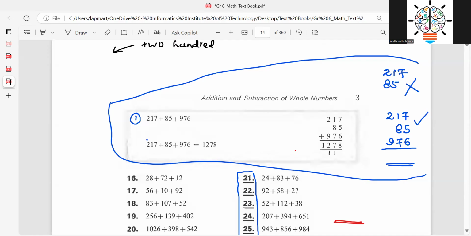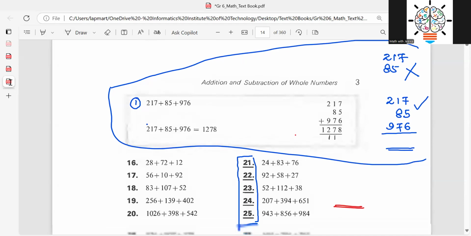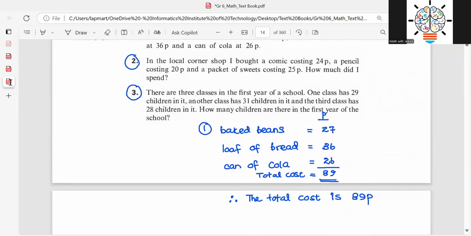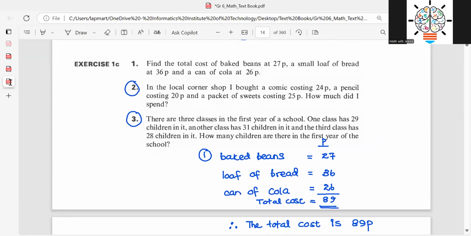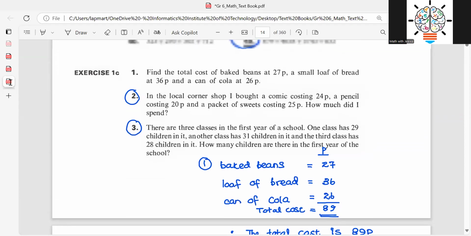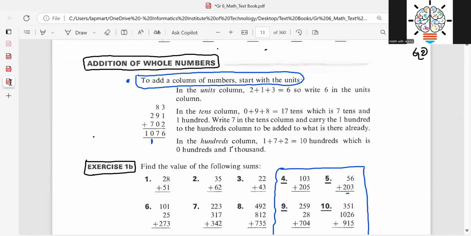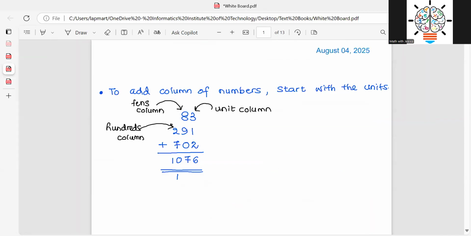So that part you want to write down in your theory book, and then you want to write down the first question here. First question you write in your theory book, and you show how you can get the answer, and you show how you can conclude the answer, right? So those are the three things you want to copy down in your book today. The first thing, you show how to add the numbers starting from the unit column. So you want to start from the unit column.